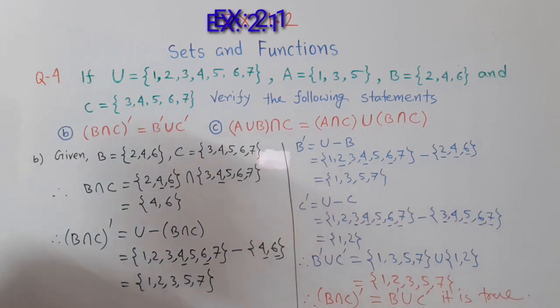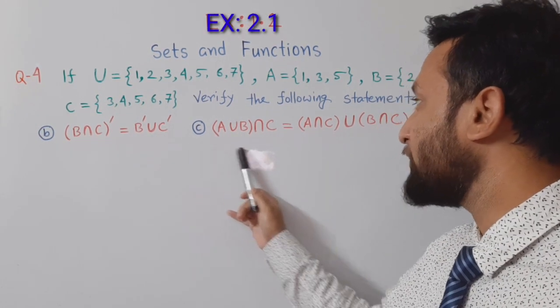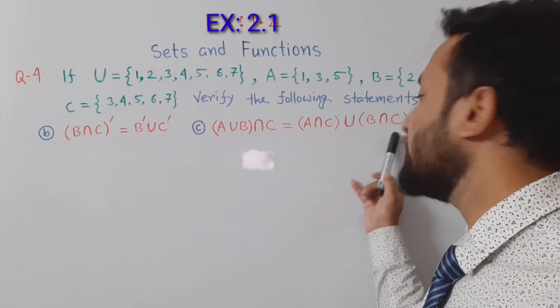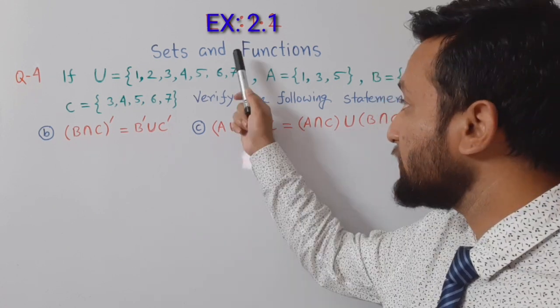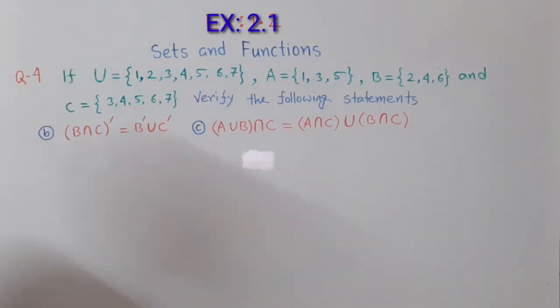I hope everybody is clear. Now next one, see, we have to verify left hand side set elements and right hand side set elements are equal by using this scheme. Okay, at first write down the given part.